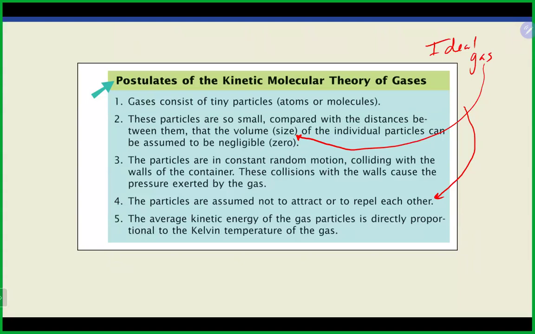If there were attraction forces or repulsion forces between molecules, that would affect something like the pressure, right? Because if we had a gas molecule in an ideal situation heading towards a wall, there's nothing that's going to stop it from hitting the wall, basically.